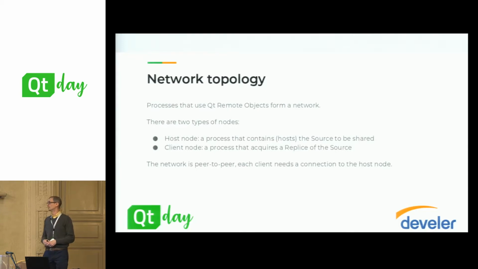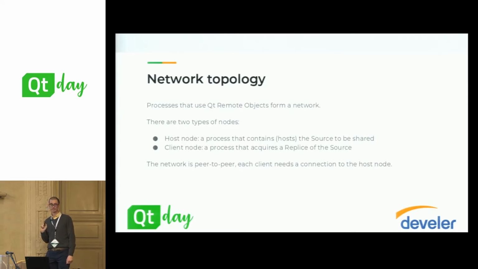If you compare that with other protocols, it's not the most efficient thing to do, and in fact, this is a solution thought for small networks, a small number of processes that talk together.